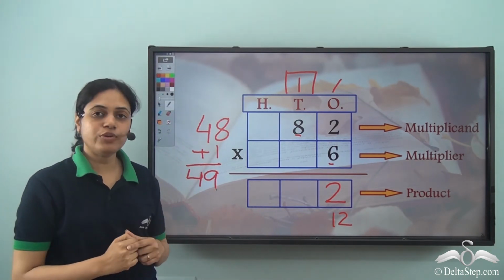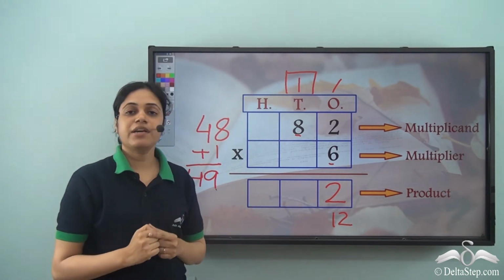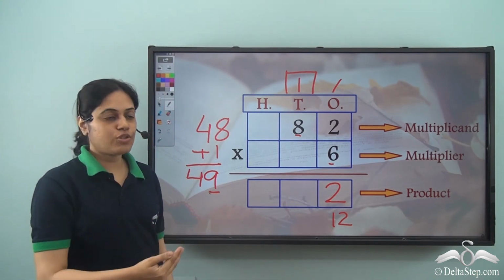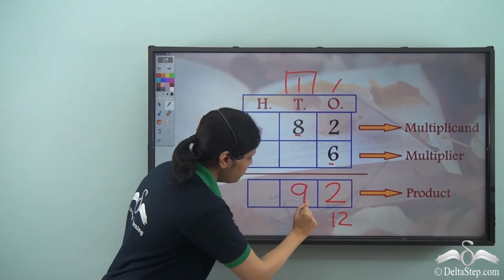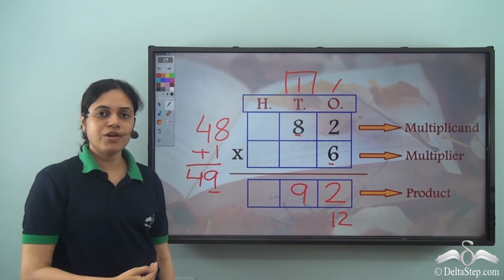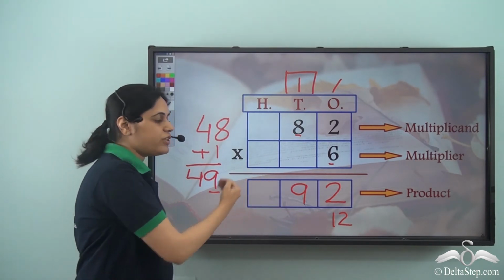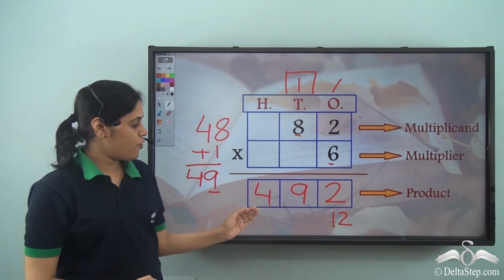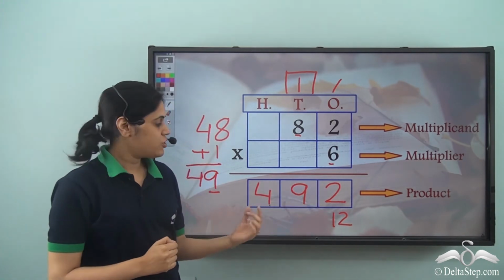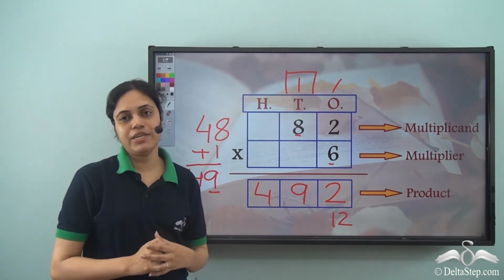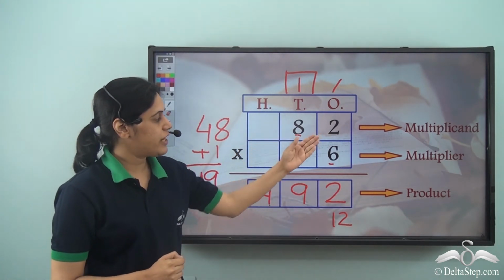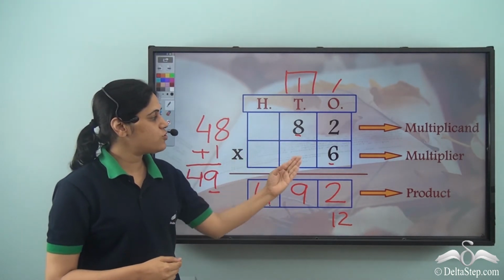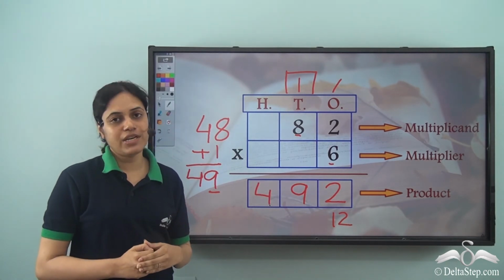Once again, I have 2 digits. 2 digits cannot go to a single room. So 9, which is to the right, will go to the tens room. And what about this 4? 4 will go to the room on the left, which is the hundreds room. So 492. So the product is 492. So the product of 82 and 6 is 492, or 82 into 6 gives us 492.